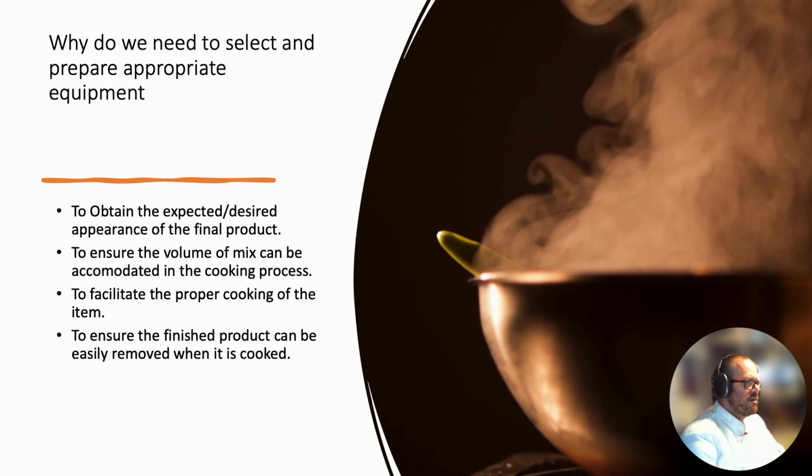Maybe we're talking about getting the expected or desired outcome of the final product. Maybe it's about ensuring the volume of the mix can be accommodated in the cooking process. Maybe it's to facilitate the proper cooking of the item, right? Or to ensure the finished product can be easily removed when it's cooked.